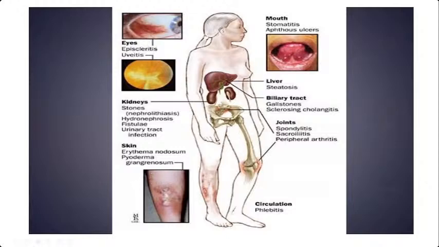The skin, we've already seen pyoderma gangrenosum, erythema nodosum, joint spondylitis, sacroiliitis, peripheral arthritis, and circulation phlebitis may be seen.